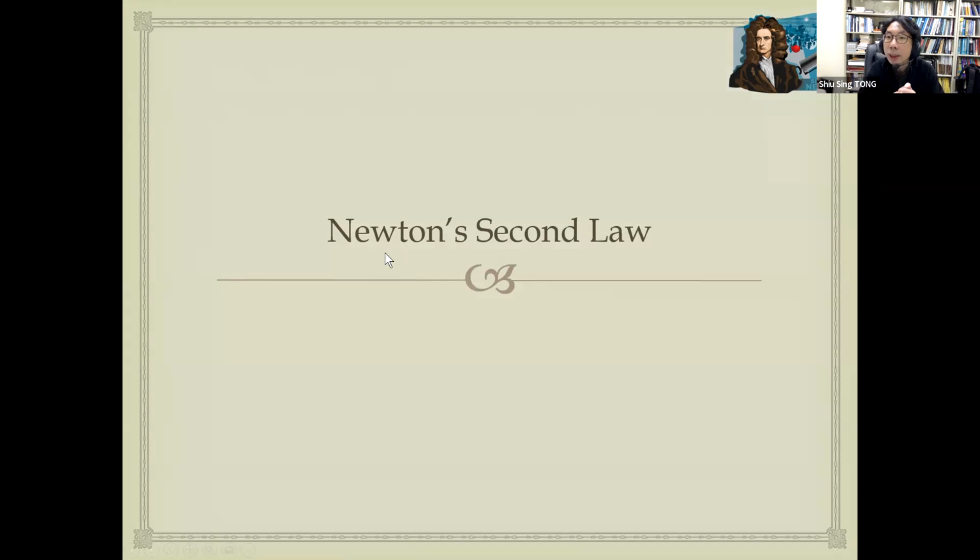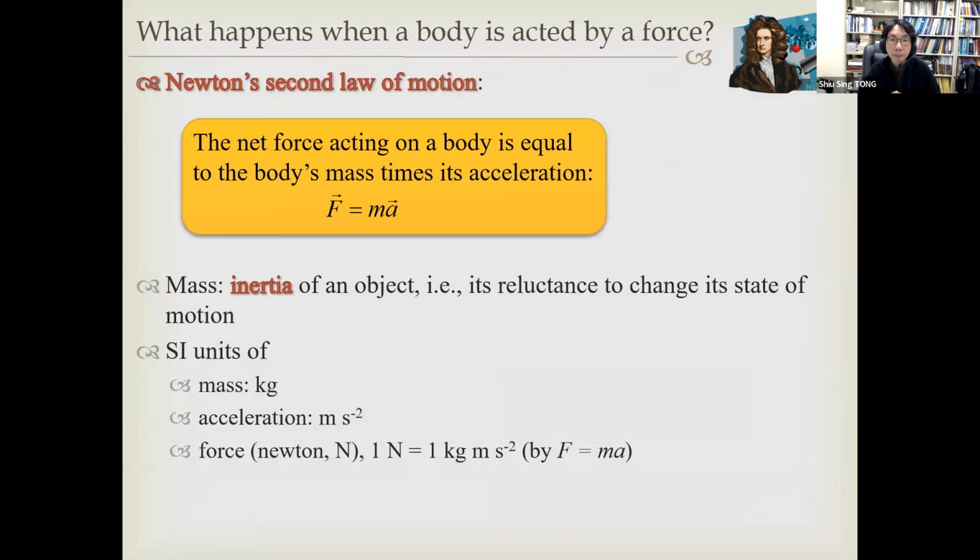Now we would like to discuss Newton's second law. Newton's second law says that the net force acting on a body is equal to the body's mass times its acceleration. Now we have two terms here to be defined more clearly. The acceleration, I think you know, we have defined it very clearly, but how about the force and the mass?